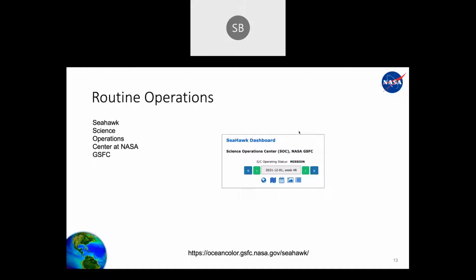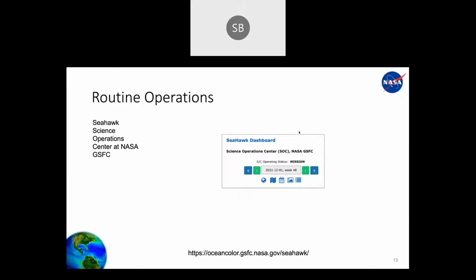You can see how we command the spacecraft. When you arrive at this link, you'll see the SeaHawk dashboard, which shows the mission operation status. In this case, the normal operating status is called mission mode. There are controls underneath this that allow you to choose what date you would like to view the information for.